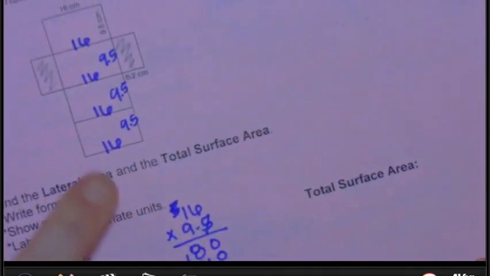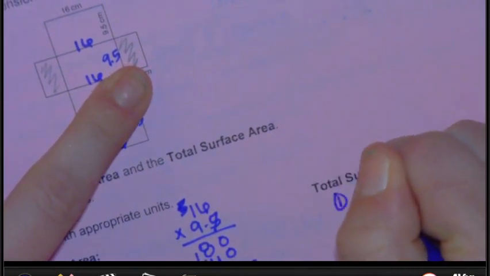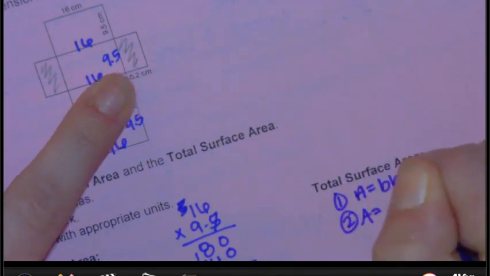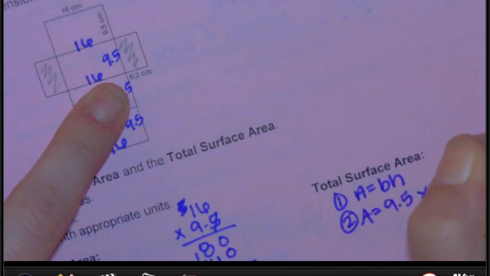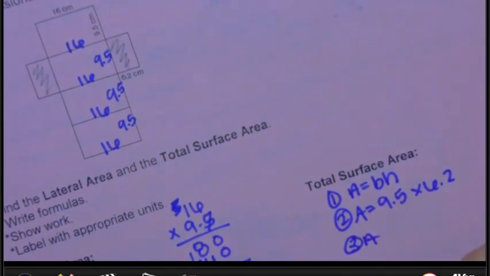Now I'm asked to find the total surface area. So now I need to find the area of my base. One base's area is equal to base times the height. One length is 9.5 times 6.2. 2 times 5 is 10. 2 times 9 is 18, plus 1 more is 19. 6 times 5 is 30. 6 times 9 is 54, and 54 plus 3 is 57.